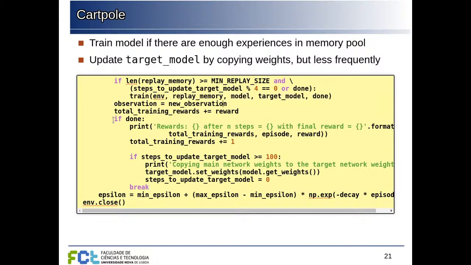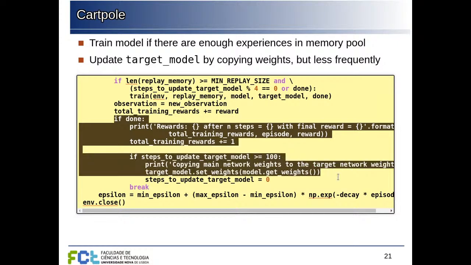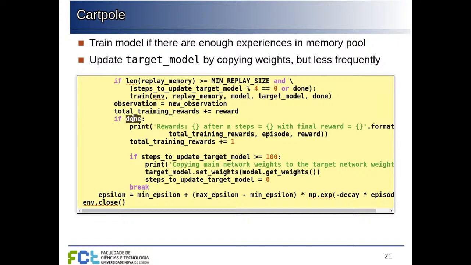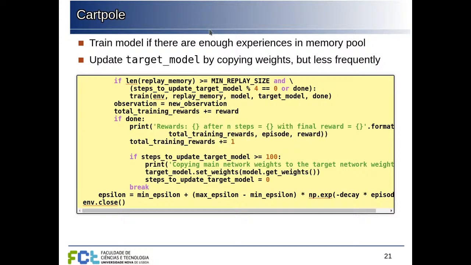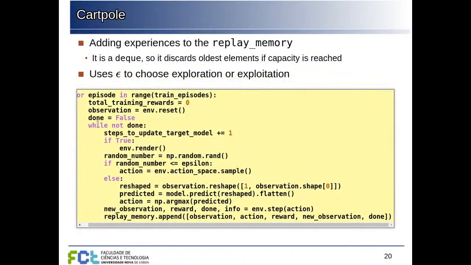And if we reach the end of an episode, that is, the game is finished, then we will need to reset the episode and so on, but that is done here outside the loop.